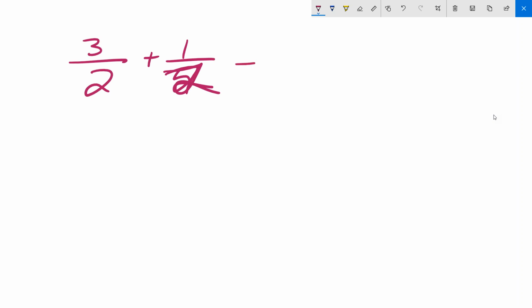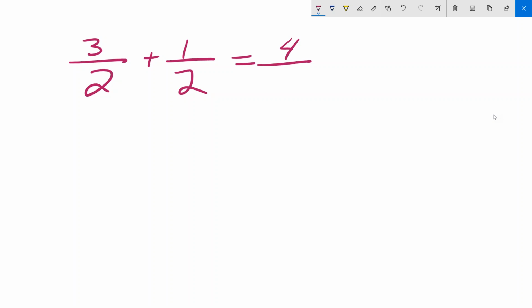So when you have a fraction that you add to another fraction, and they have the same denominator, what's the answer? In other words, once you get the same denominator, all you do is add the numerators. So what's 3 plus 1? 4.